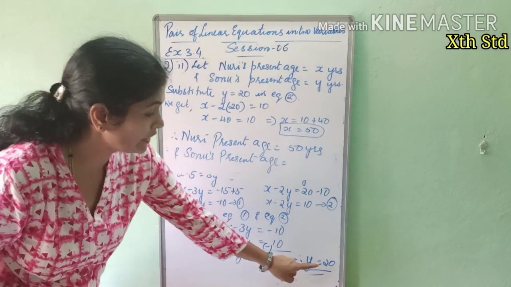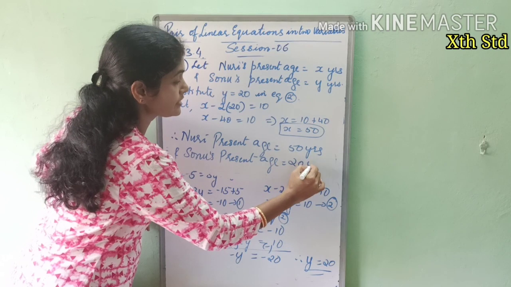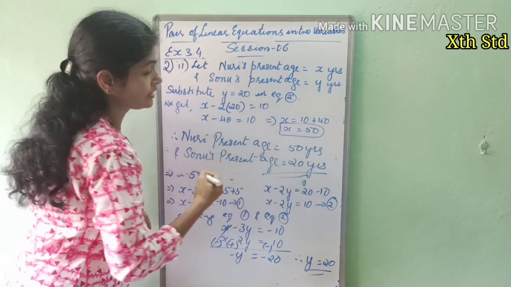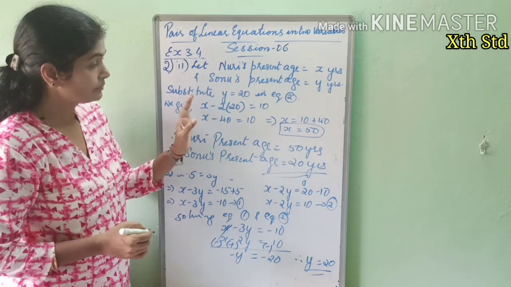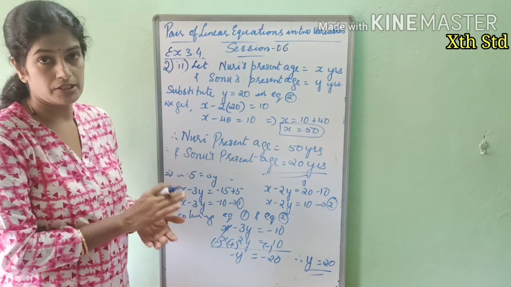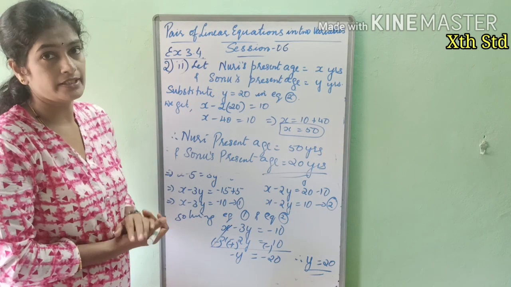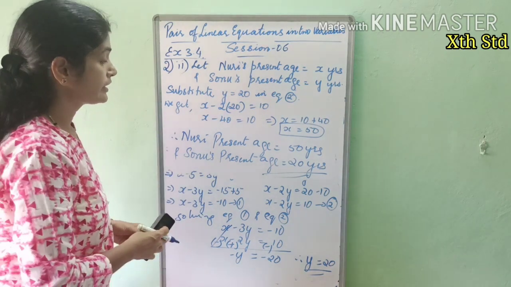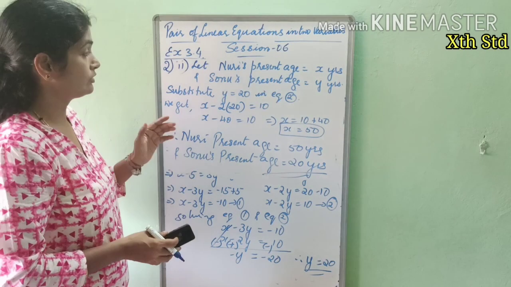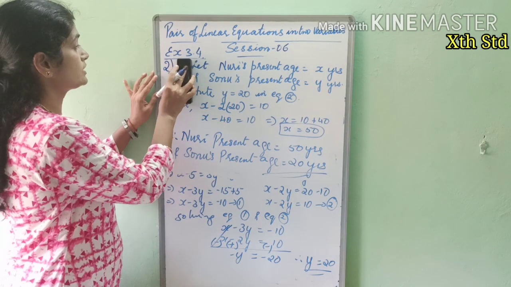What is the value of y? Y is 20. So Sonu's present age is 20 years. Clear? Main thing in this is framing the equations. Once that is done correctly, you will also get the answer right. Fine? Now, we will see the next one, third part.